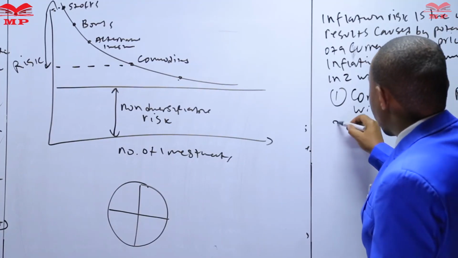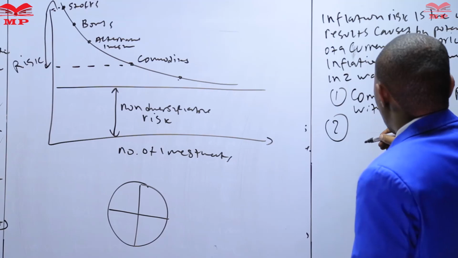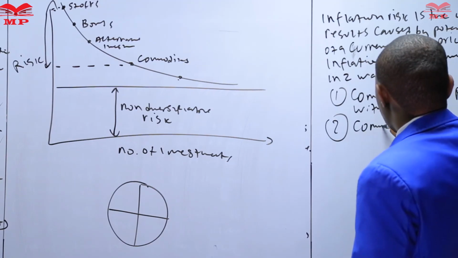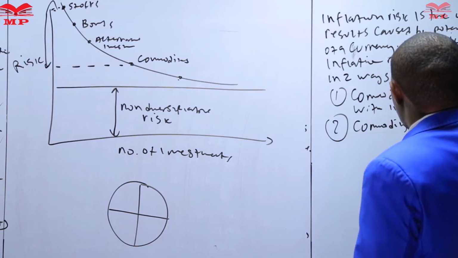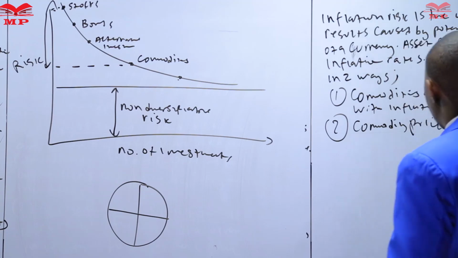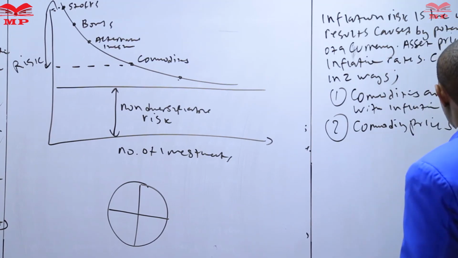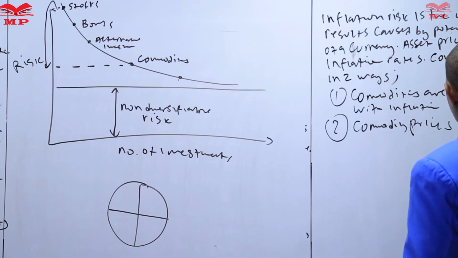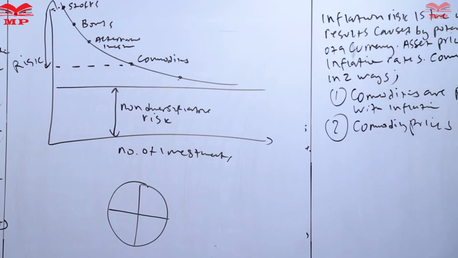It provides protection. The second way is that commodity prices represent value of consumption.